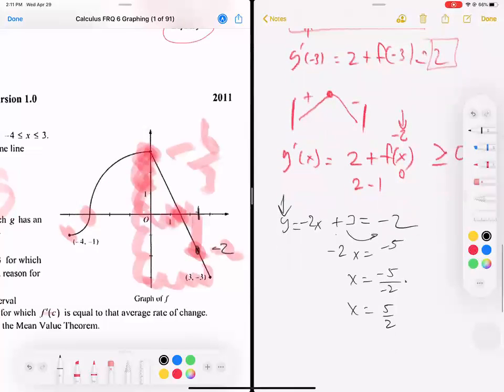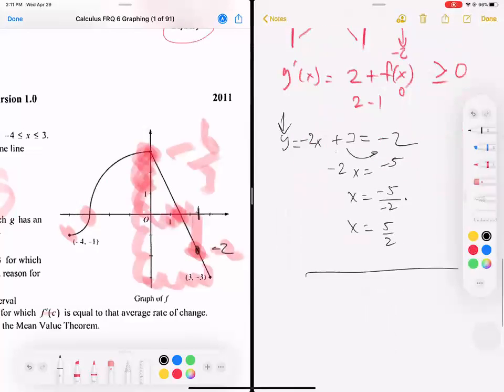So looking at a sign chart quickly, the f prime, sorry, not f prime, g prime, because we're looking at g, it goes from positive, positive, positive, all the way to 2.5, 5 over 2. And then from here, it will become more negative.